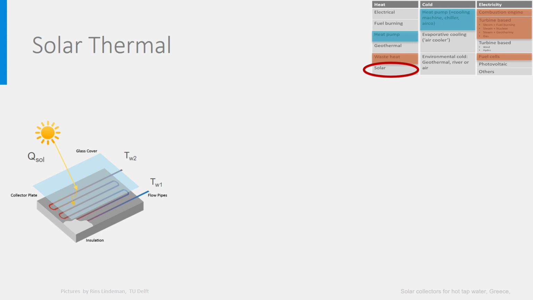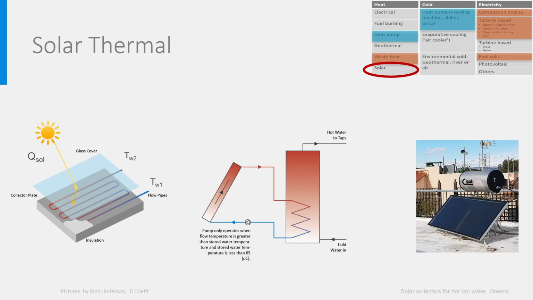To deal with the intermittency of solar radiation, we can use a storage tank and fill it with hot water when the sun shines. In a system with a tank, cold water is fed underneath and a heat exchanger with water coming from the collector heats the water. Warm water rises so the outlet pipe to the taps is located above.